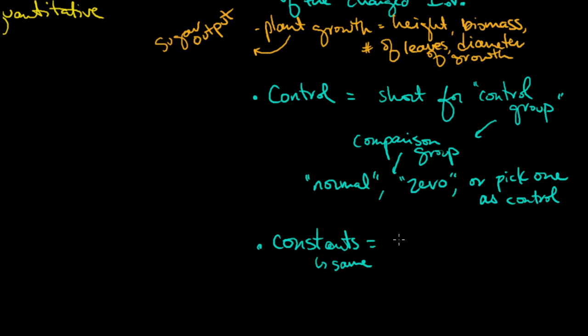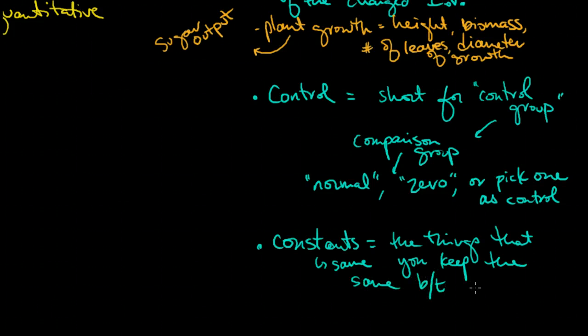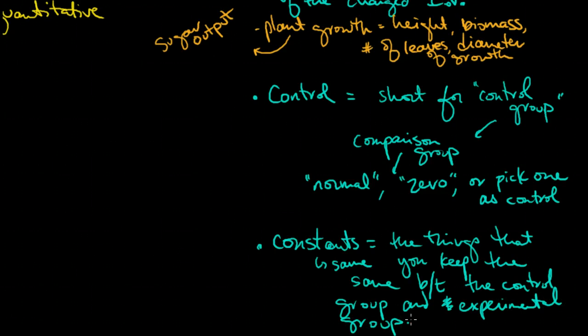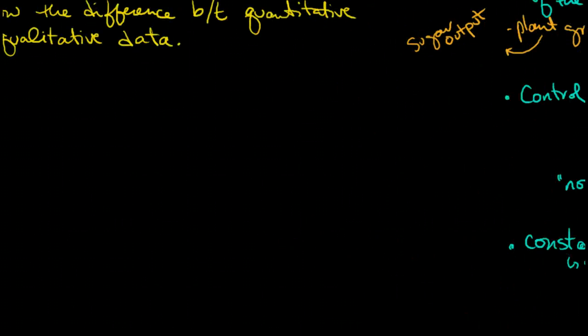So constants are the things that you keep the same between the control group and the other group, which we call the experimental group. So it's the things that you keep the same. So I think you probably need an example. So let me give you an example.